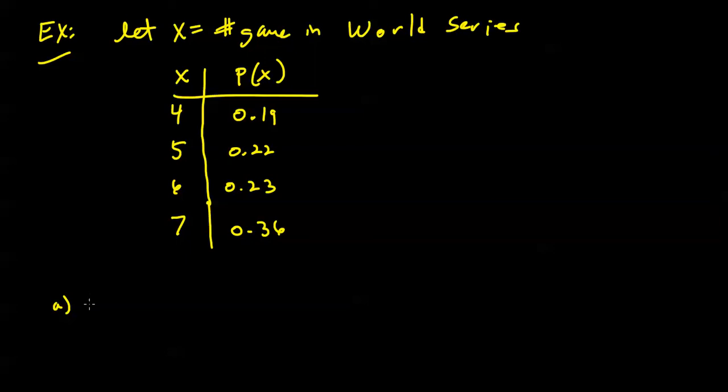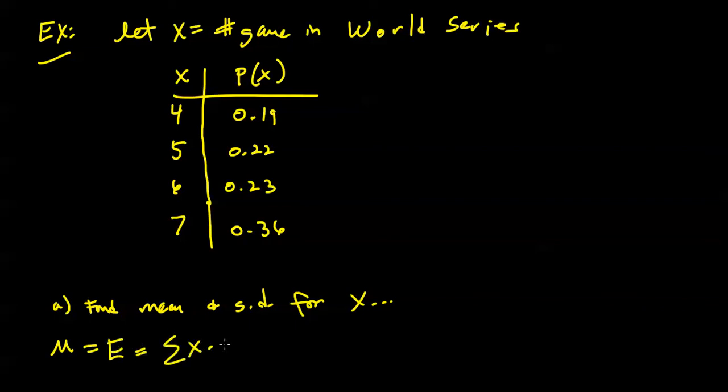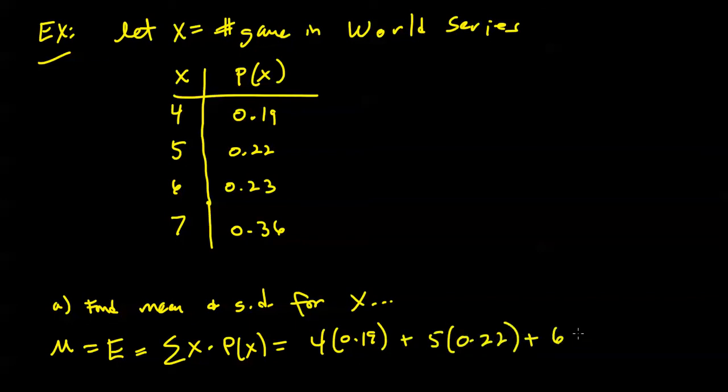What I'm going to ask us to do here is find the mean and standard deviation for this random variable x as defined. Of course, the mean is the expected value also, and that's summation x times p of x. It's 4 times 0.19 plus 5 times 0.22 plus 6 times 0.23 plus 7 times 0.36.